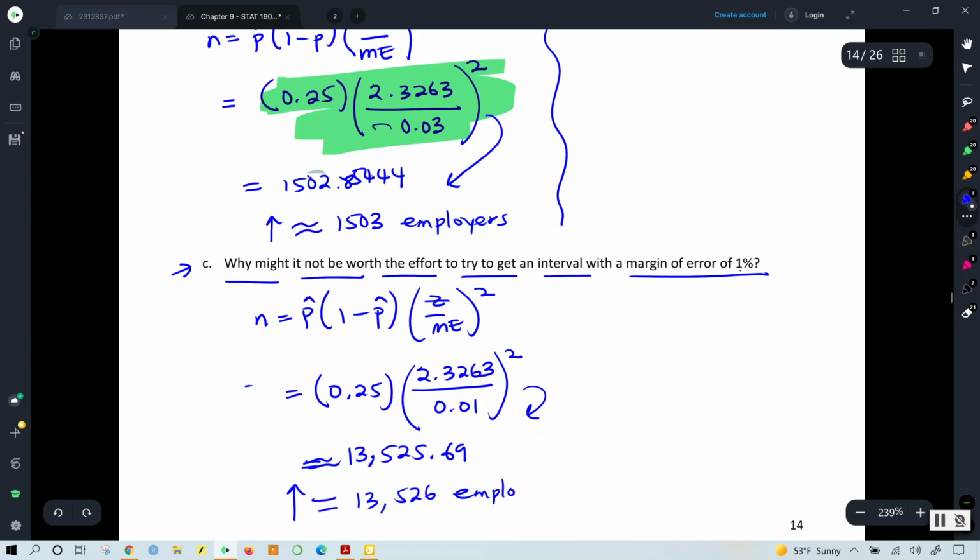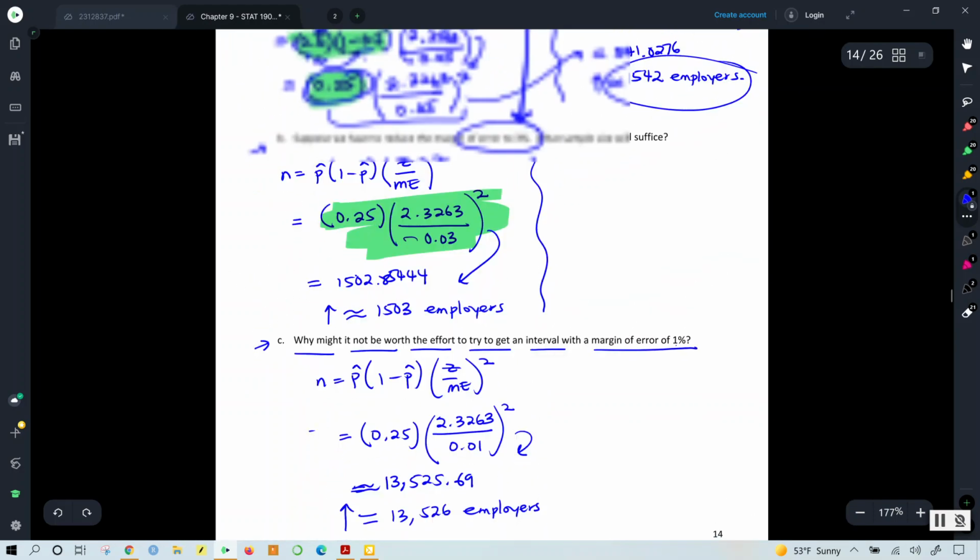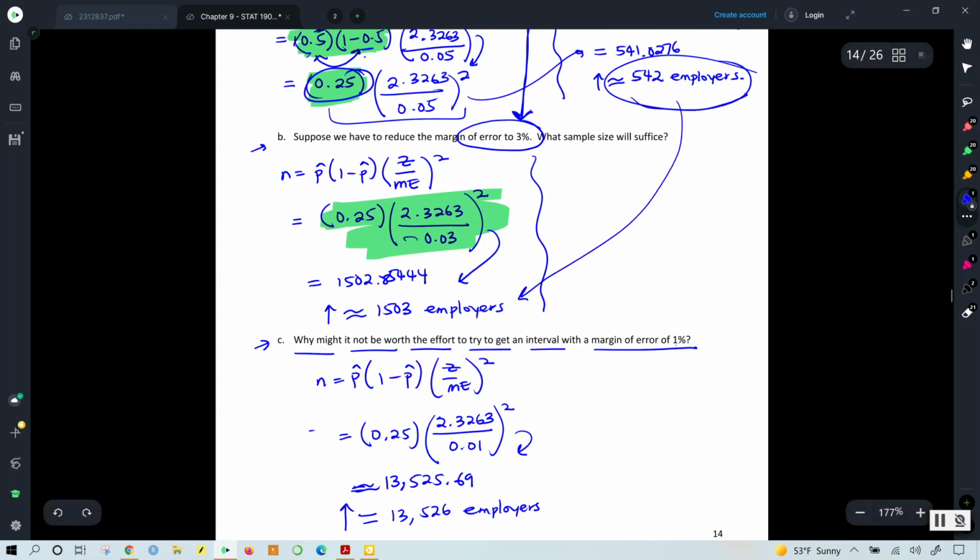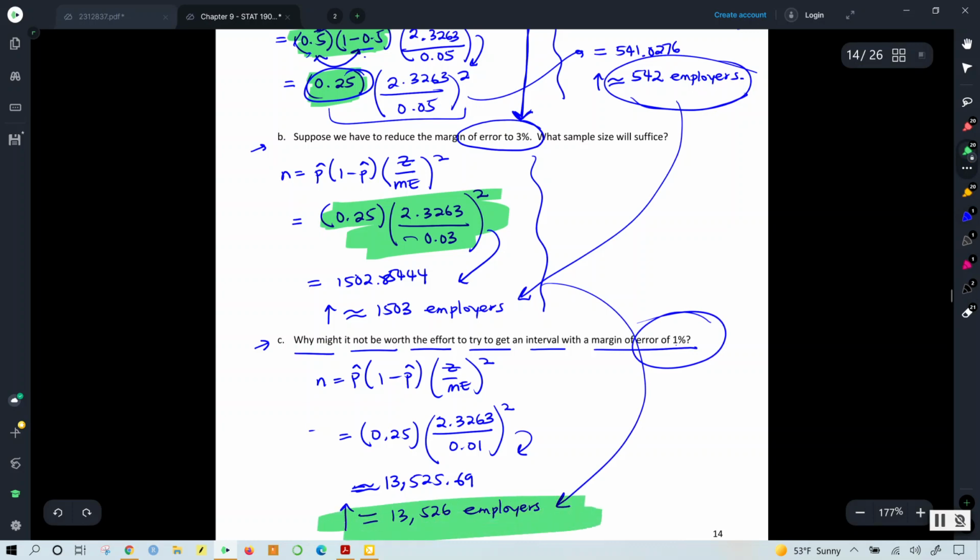Going from 5%, which required 542, to 1,503 employers, to 13,526 employers, it is clear that it might not be worth the effort trying to get down to 1%, because it's going to be extremely resource intensive to contact all 13,526 employers.